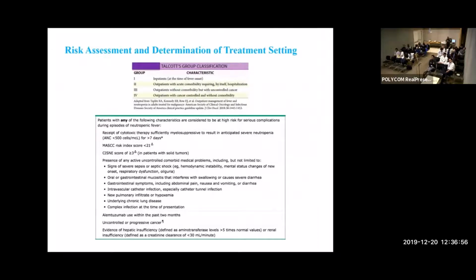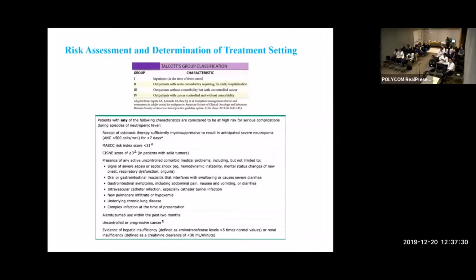And in summary, any patient with a MASCC score less than 21, or a CISNE score equal or greater than 3, or the presence of any of the following: severe sepsis, septic shock, hemodynamic instability, mucositis or severe mucositis, severe diarrhea, gastrointestinal symptoms, the presence of line infection, any new pulmonary infiltrate or hypoxemia, and any underlying comorbidities, which are really important in these patients.